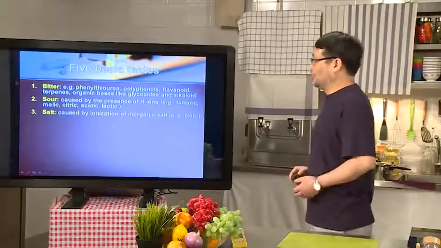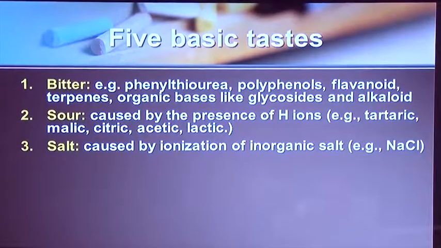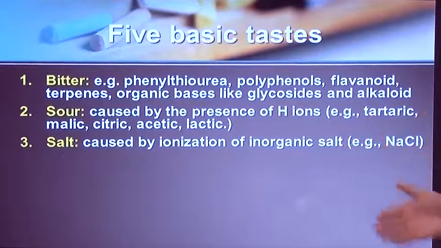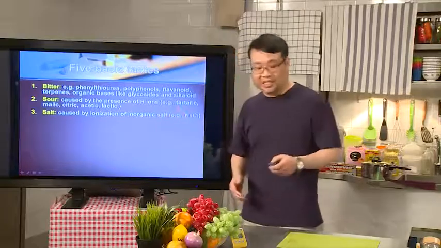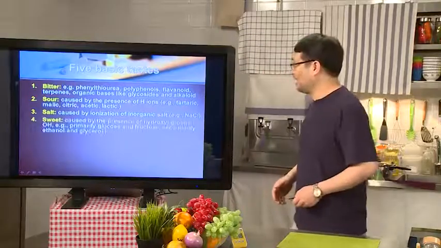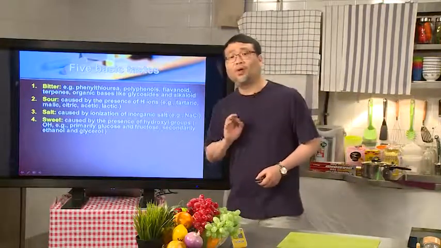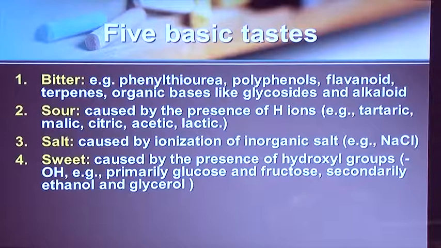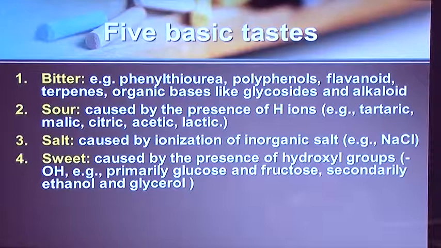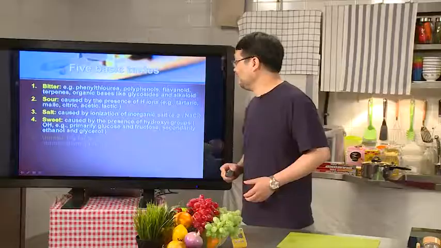How about the saltiness? It's largely because of the minerals such as sodium. It's because of the ionization of inorganic salt that gives the sense of saltiness. How about sweetness? What we are monitoring is the presence of the hydroxy group in a lot of these sugars, such as glucose or fructose, and sometimes even ethanol or glycerol.